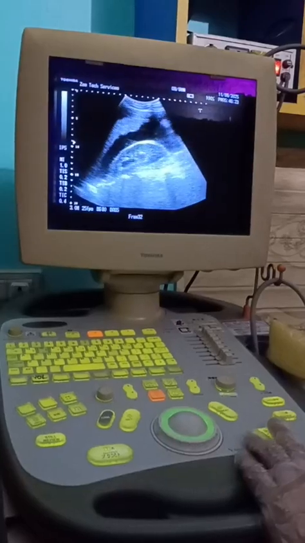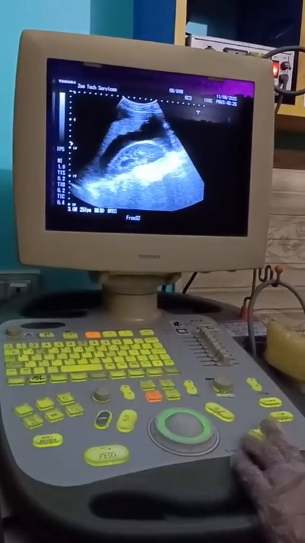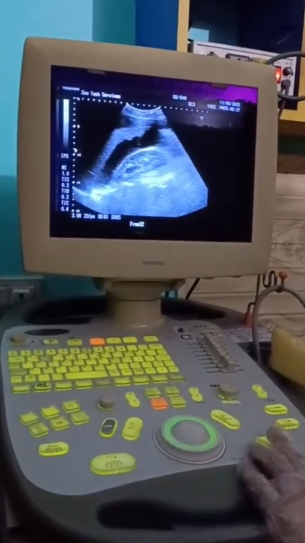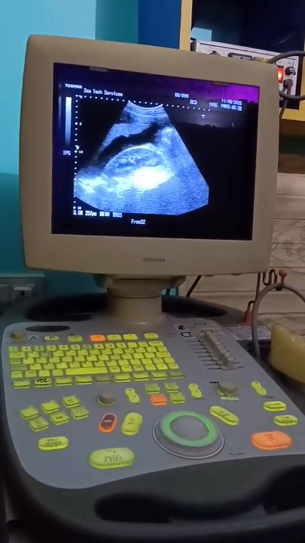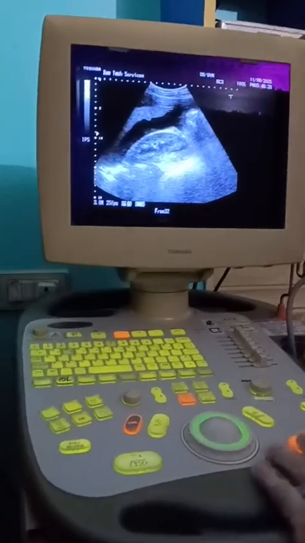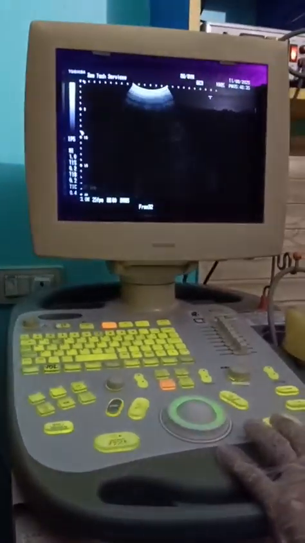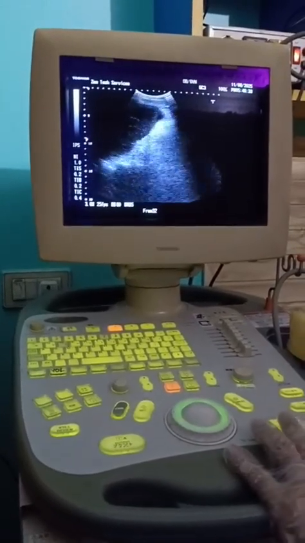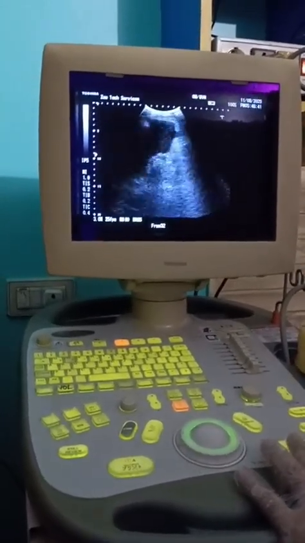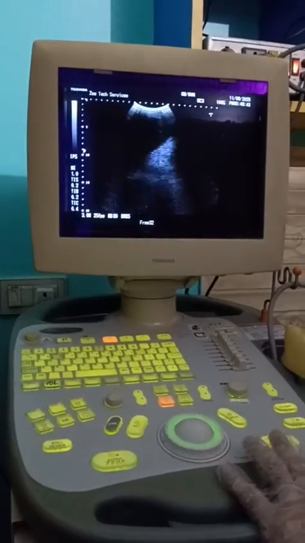This is the right kidney. It appears normal in size and shape. Cortex is normal. Now let's go to the spleen. The spleen is again enlarged, you see here, and there is also fluid around the spleen.